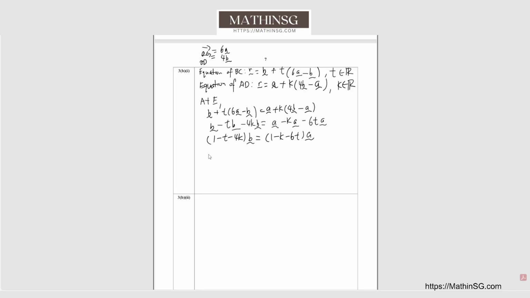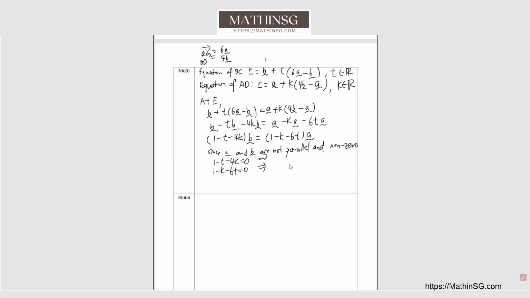So since a and b are not parallel and non-zero, therefore this is equal to 0 as well as this is equal to 0.